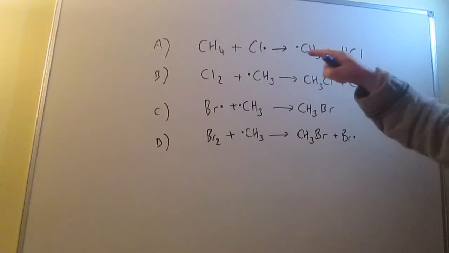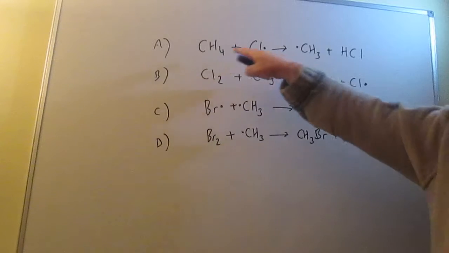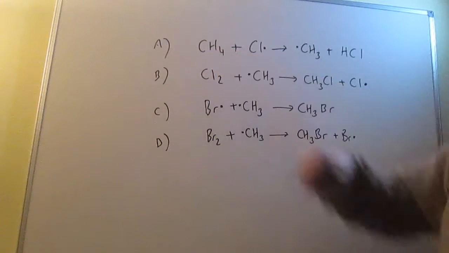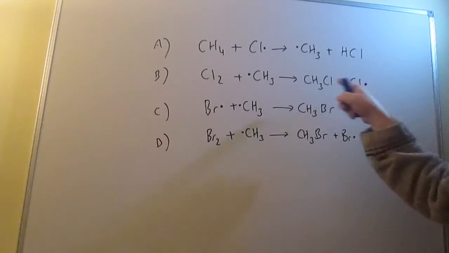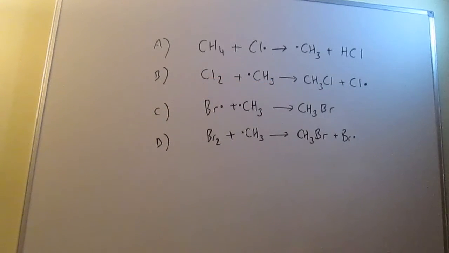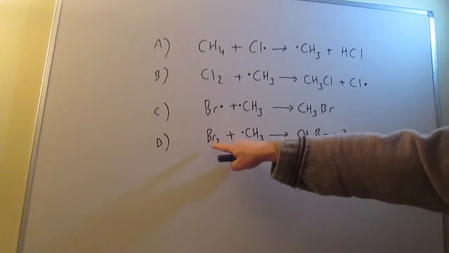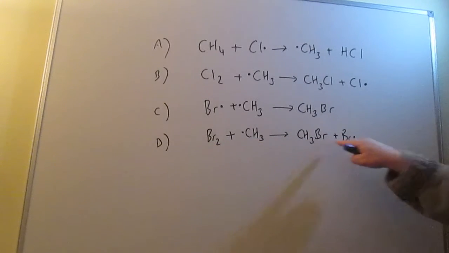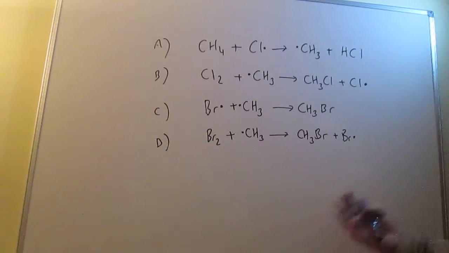But the key thing, just scanning down them, is that, well, this one involves breaking a bond. You've got to break a C-H bond. This one involves breaking a bond because you're breaking up the chlorine, so you've got to break a Cl-Cl bond. The last one involves breaking a Br-Br bond because the bromines end up separately.